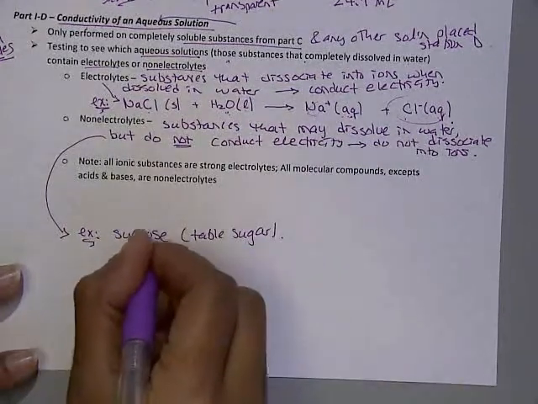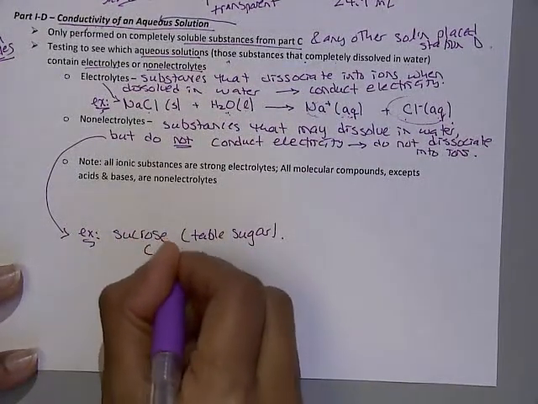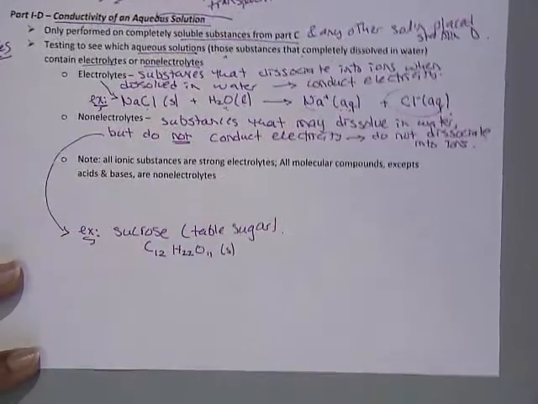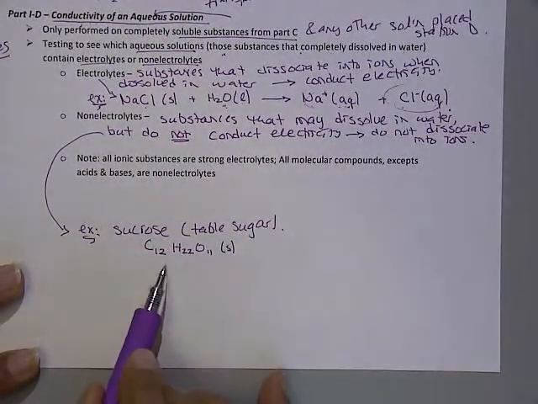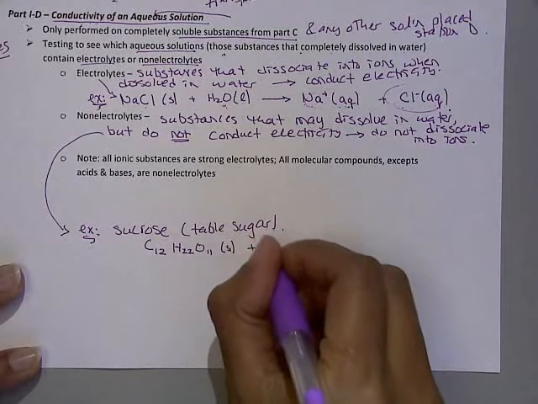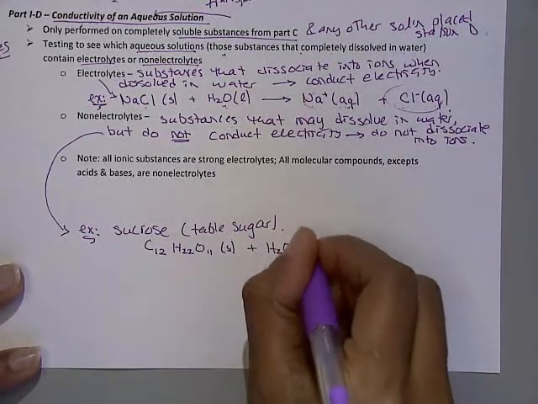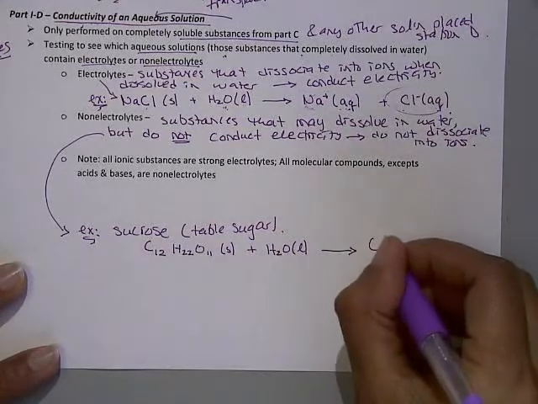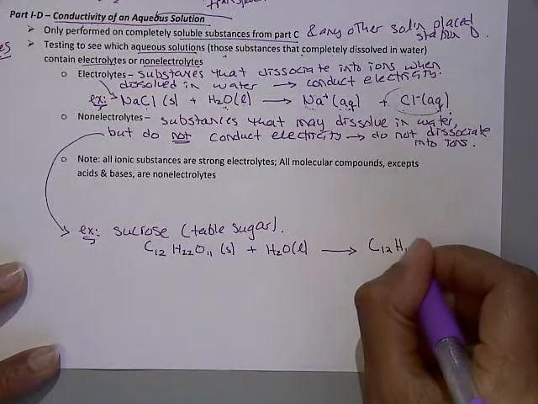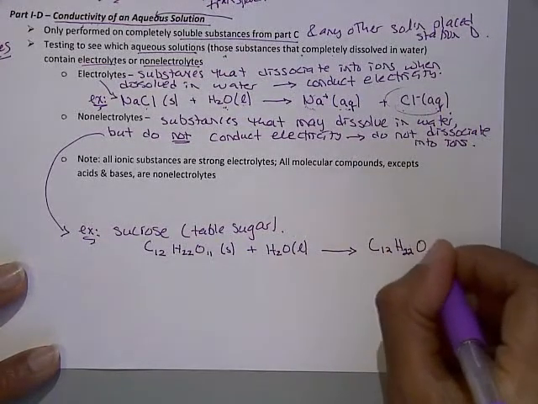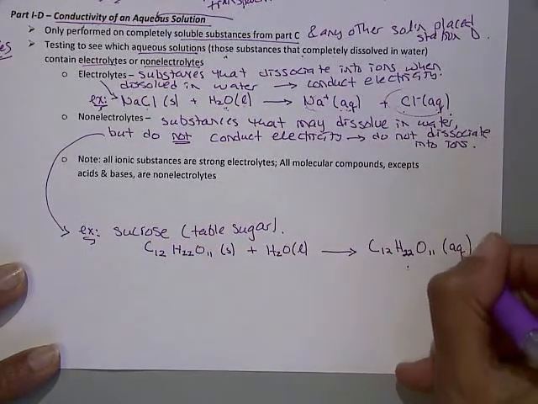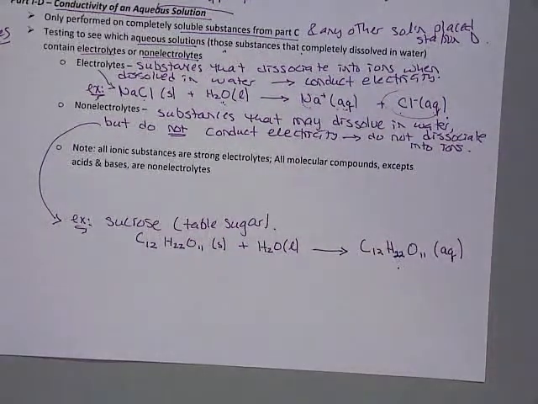Table sugar has the following chemical formula: C12H22O11. So if we take a spoon or a spatula of table sugar, it's a solid, we add it to liquid water, it completely dissolves. Therefore, the way we would write this chemical formula is sucrose, aqueous, and again, this aqueous tells us that it's fully dissolved in water.